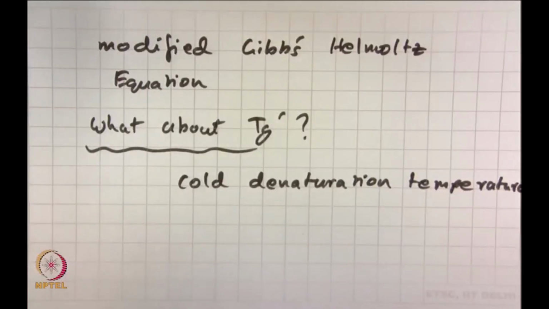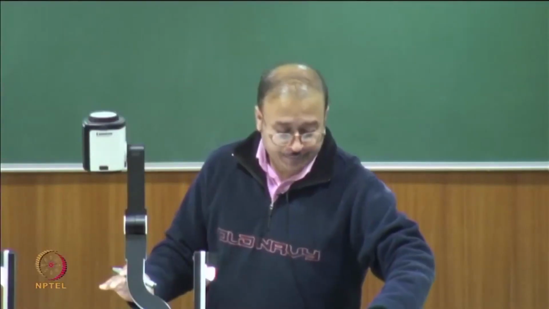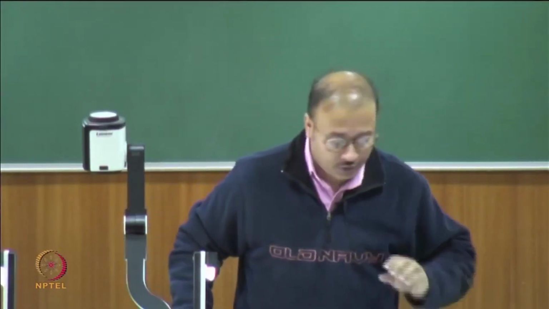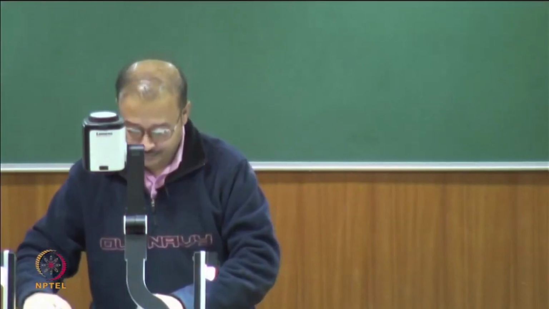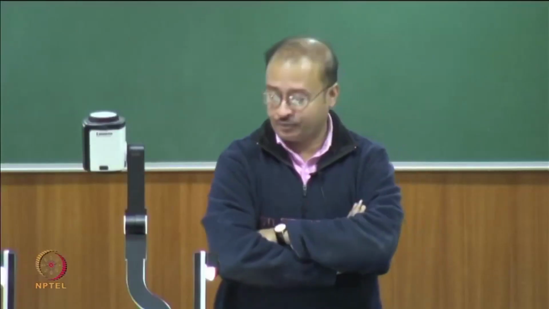So, what will you do to find T g prime? Can you do it from this equation? How would you do it? Remember, I am trying to find an expression for T g prime.